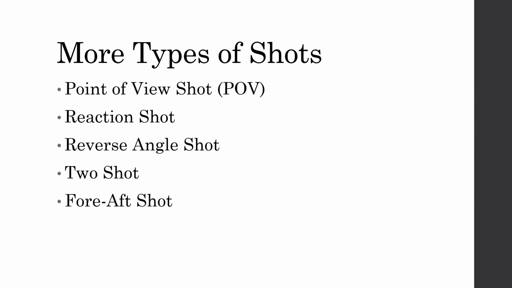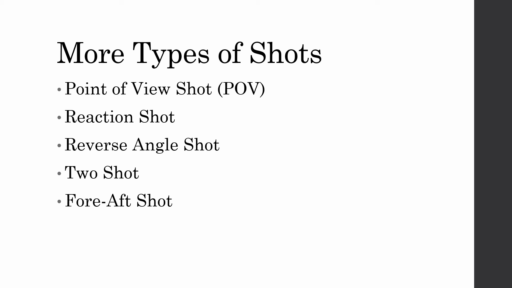Other types of shots, point of view shots. So shoot it from the camera, it represents the person's point of view. Reaction shots. So something happens and then you cut to someone's reaction to that thing. On suspense is, you have reaction shots where the person sees something but the audience doesn't see it. That's a reaction shot.